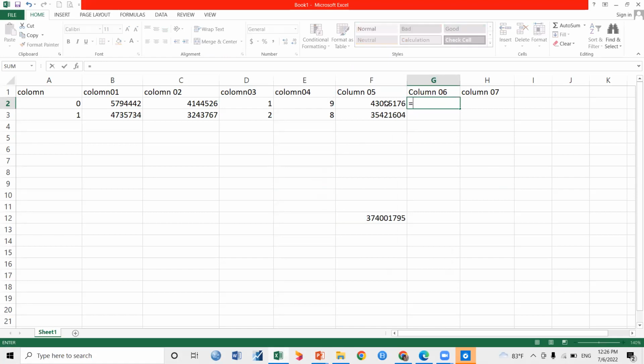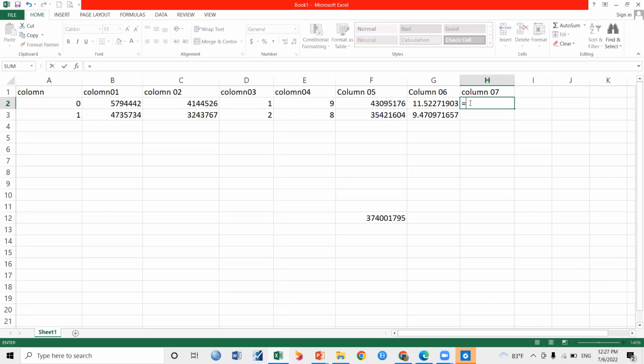We need to divide this column 5 value by the column total and multiply it by 100. In this way, we will have the answers. I will write it down again. We need to divide this one by the total and multiply it by 100.